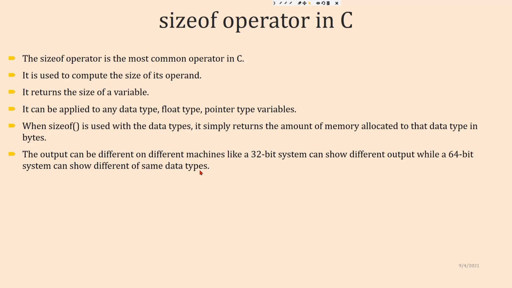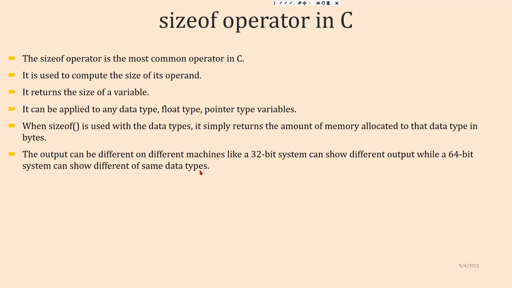In some computers it may take 4 bytes, floating point may take 4 bytes, and double may take 8 bytes. It may vary based on the computer. So to understand that value, we are using the sizeof operator. The sizeof operator is to get the size of a particular data type in bytes.